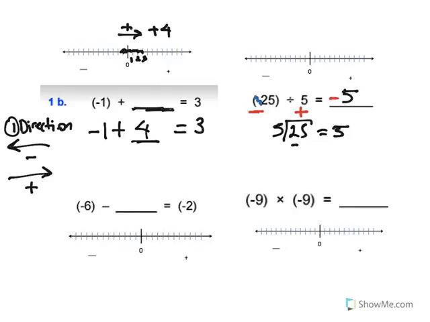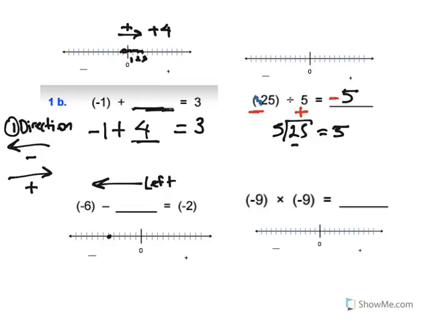On this one, I start at negative 6. I start here. And then I need to subtract. So I need to move to the left some numbers in order to get to negative 2.